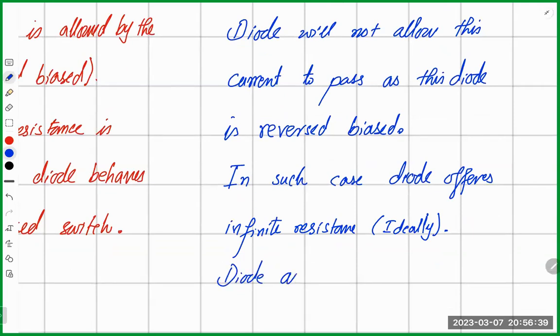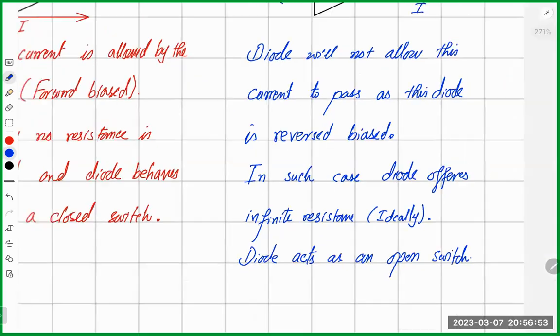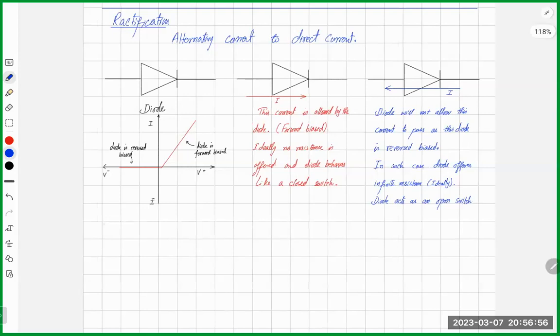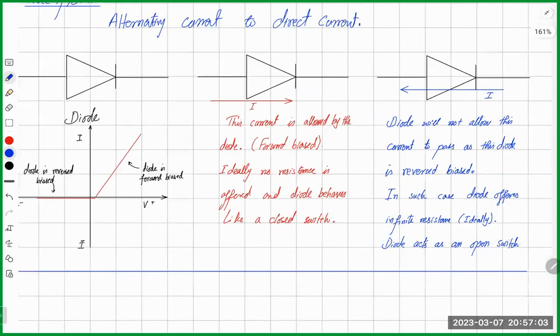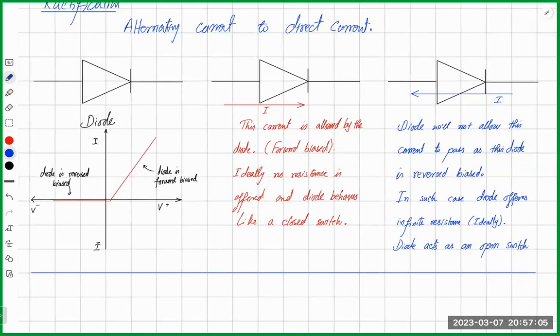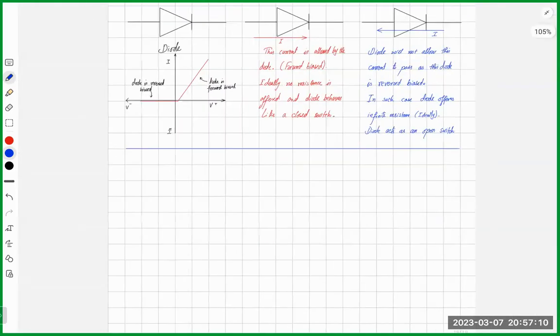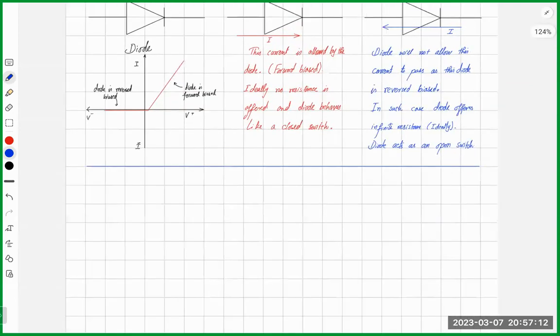The diode acts as an open switch. Does this make sense? So diodes only allow current to go in one direction. This is from the previous year's syllabus. We discussed that in AS.